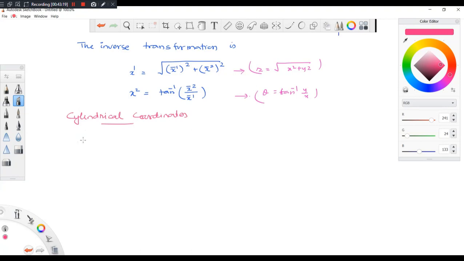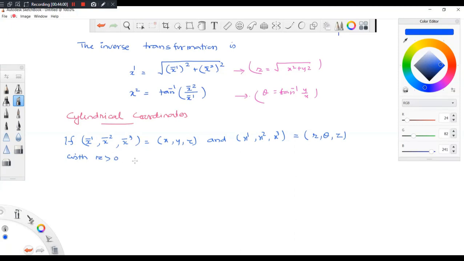I will draw the figure later. First let me write like this. If x bar 1, x bar 2, x bar 3, I denote by x, y, z, rectangular coordinates, and x1, x2, x3, I call r, theta, and z, with r greater than 0.